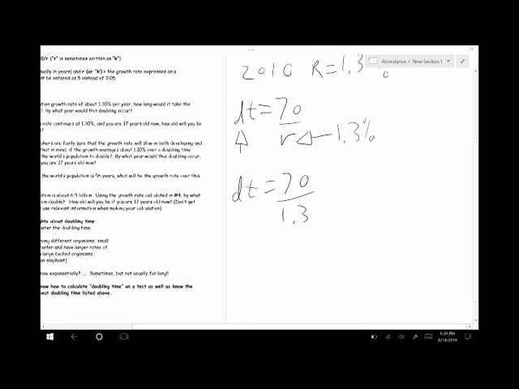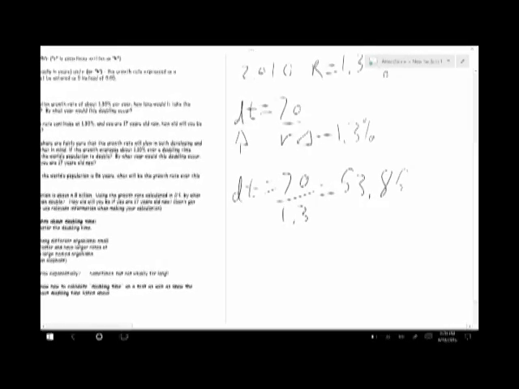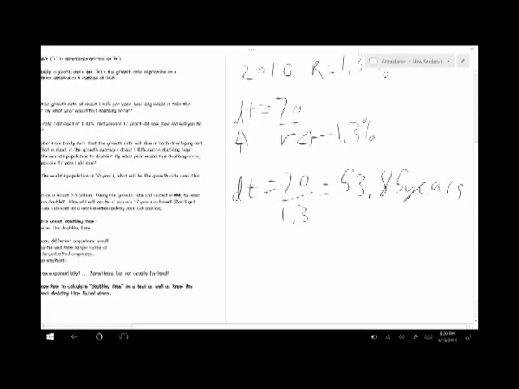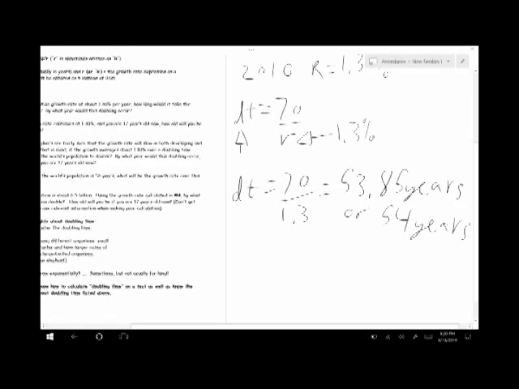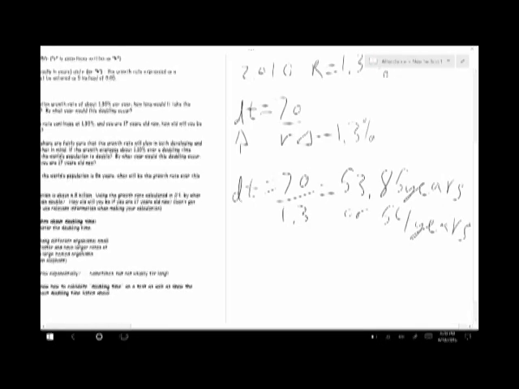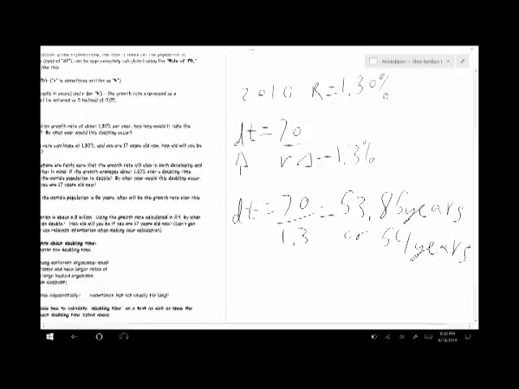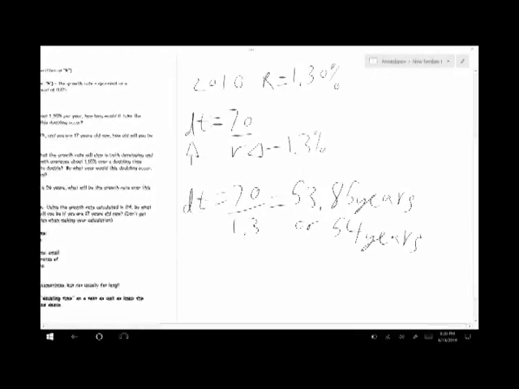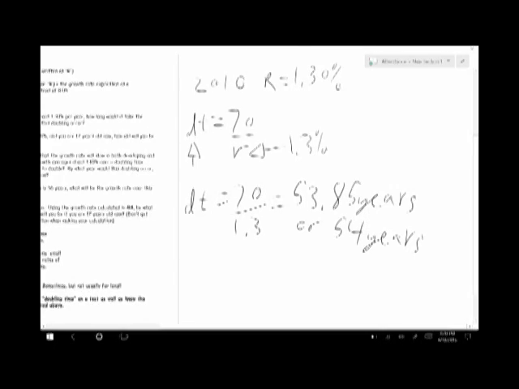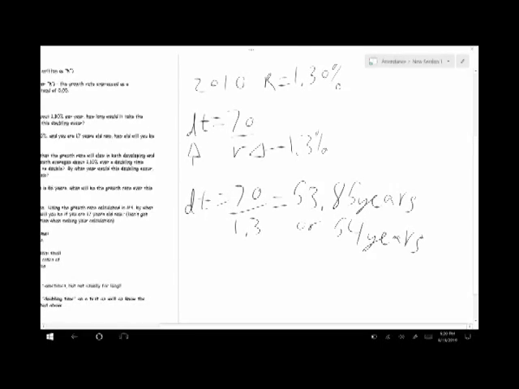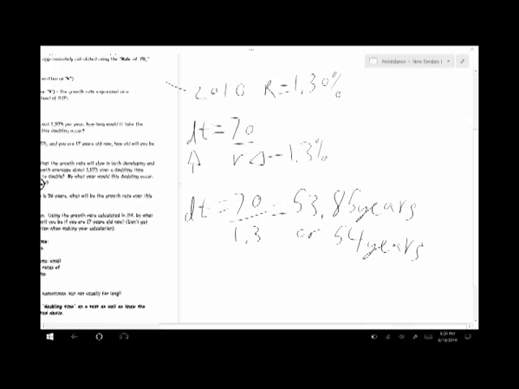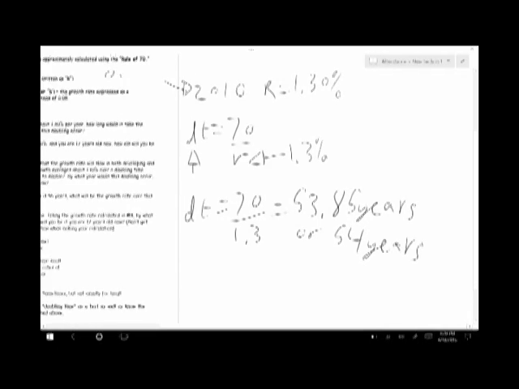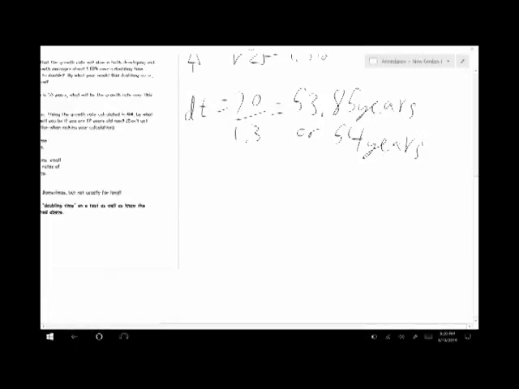Now, when we plug this into a calculator, we'll get 53.85 years, or 54 years. So it takes 54 years for this to occur. Now, if we start off in 2010 and we want to know what year this doubling will occur in, we add our initial year, or our 0 year, which is 2010.